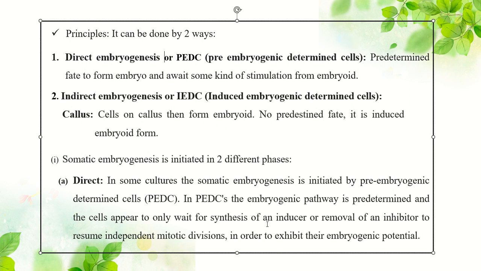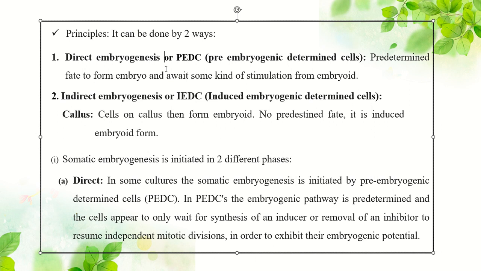For example, 2,4-dichlorophenoxyacetic acid, 2,4-D, and BAP are the two media components used for indirect embryogenesis. Benzyl aminopurine, BAP, and gibberellic acid have been used for development of indirect embryos in strawberry also.